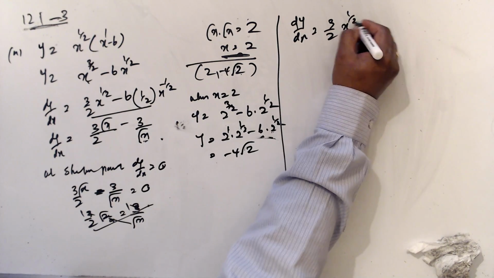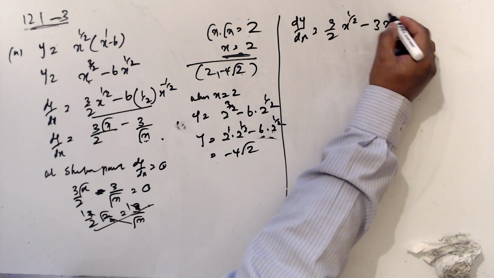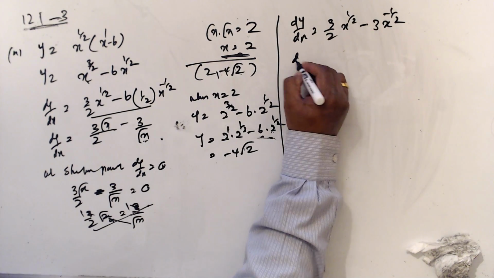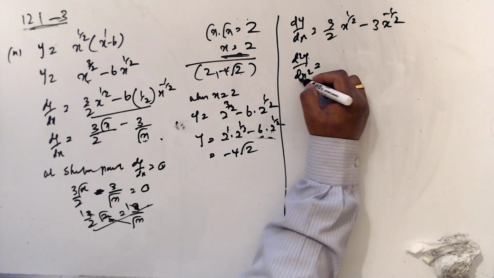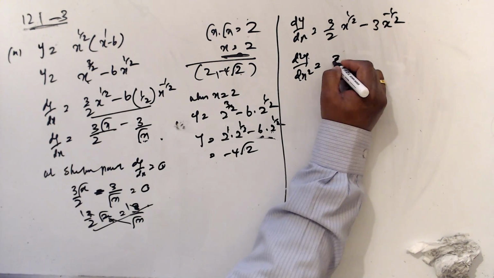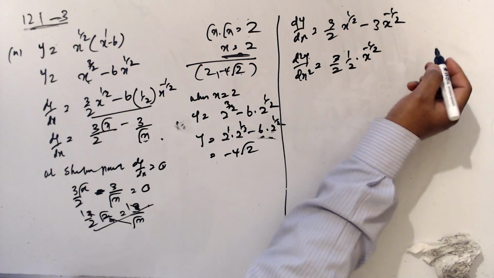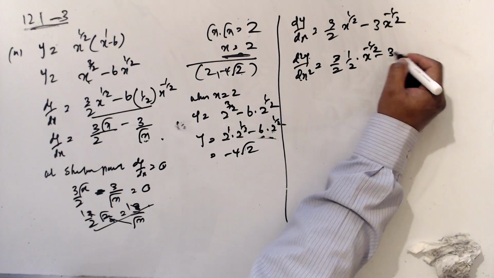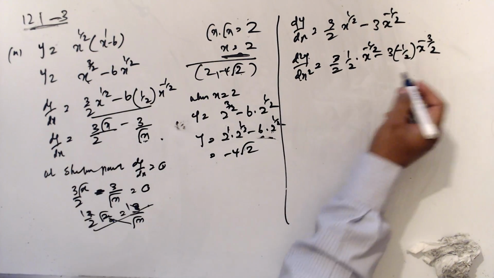x to the half minus 3 times x to the minus half. So d squared y over dx squared is 3 over 2 times half times x to the minus half. This is minus 3 times minus half x to the minus 3 over 2.